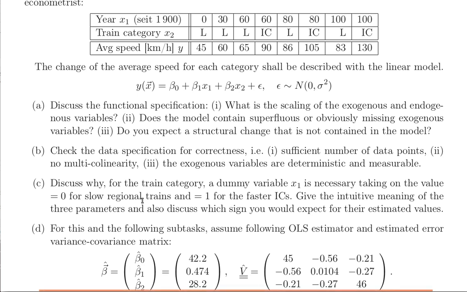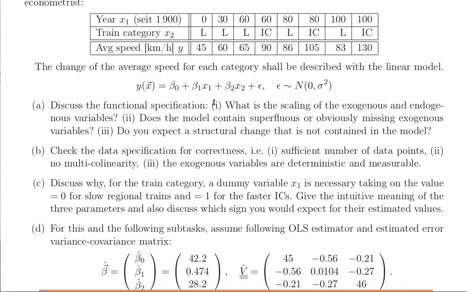So what is the meaning of the parameters? Beta 0 is the intercept. Does it have a meaning? In this case, it in fact has, because we have y equals beta 0 if the statistical random term is 0, and on average it is 0, and if this exogenous variable x1 is 0. Which year does that mean?